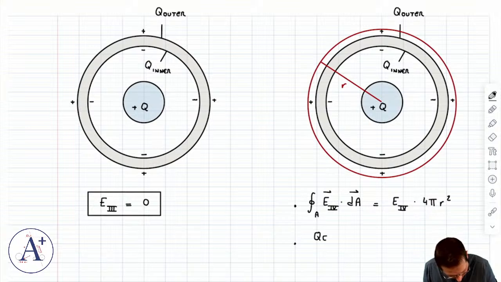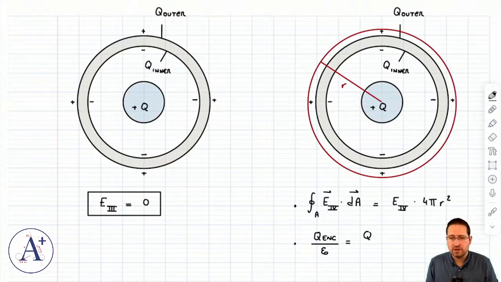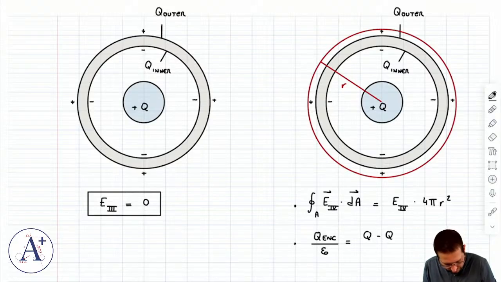This is going to be Q enclosed over epsilon naught, where Q enclosed is equal to Q from the insulating sphere, then Q inner, which is minus Q, and Q outer, which is Q, divided by epsilon naught.